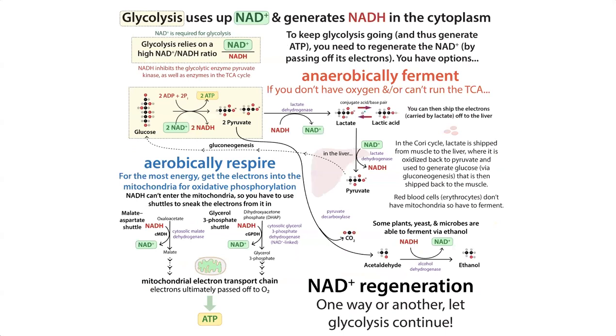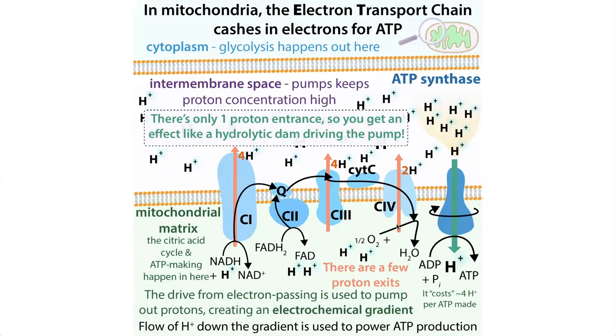To review, if we want to keep glycolysis going, we need to regenerate NAD+ and get rid of NADH. If we want to get the most energy, we want to respire aerobically. We want to take those electrons from our NADH and pass them through the electron transport chain, generating ATP. In order to do that, however, we're going to need oxygen.